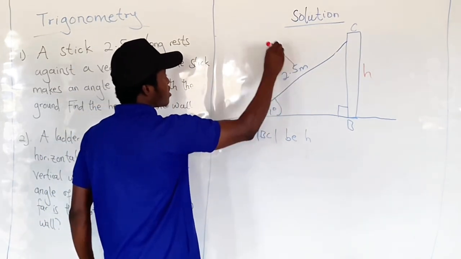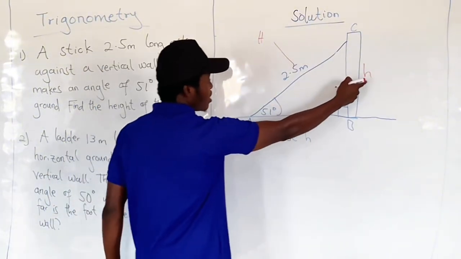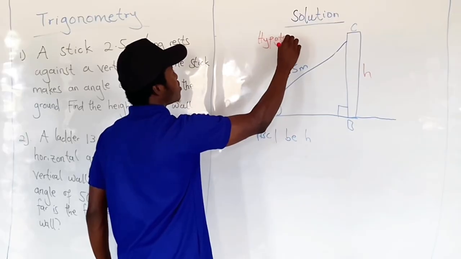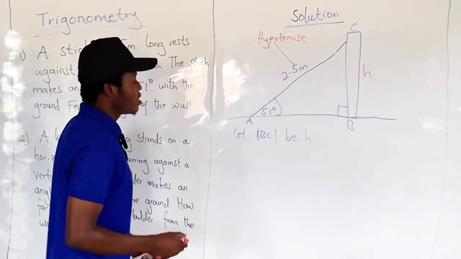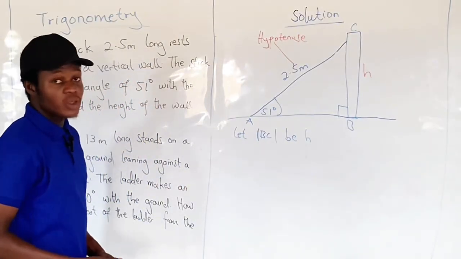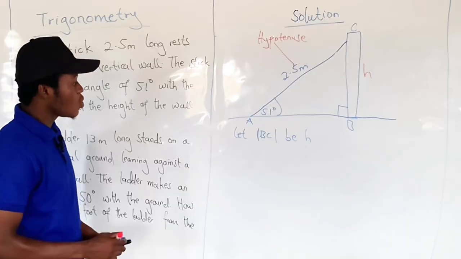So here becomes the hypotenuse. Let me write the hypotenuse in full. And here, small h becomes the height of the wall. Let length BC be h, which is the height of the wall.